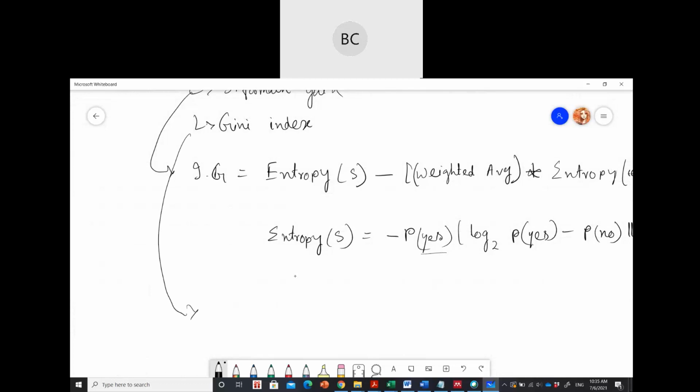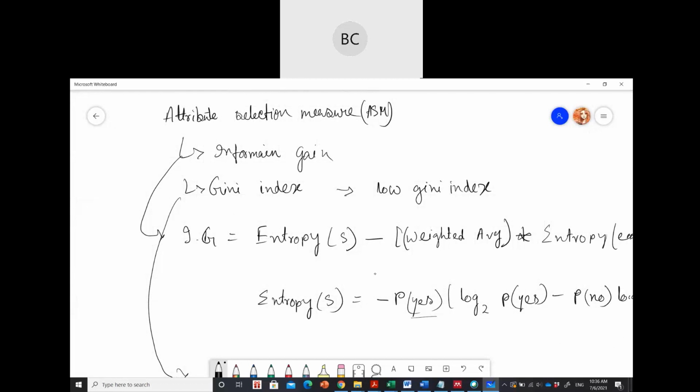So what is Gini index? Gini index is also a measure of impurity and purity used while creating the decision tree with the help of your CART algorithm. An attribute with a low Gini index should be preferred. For Gini index we want a low value, and if you use information gain, we want high gain.